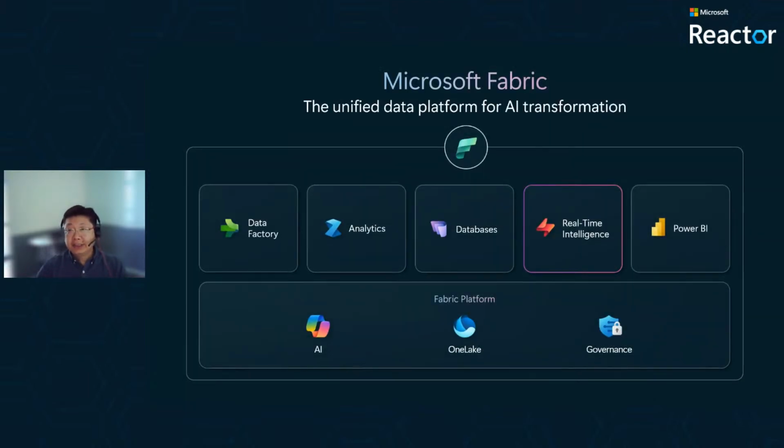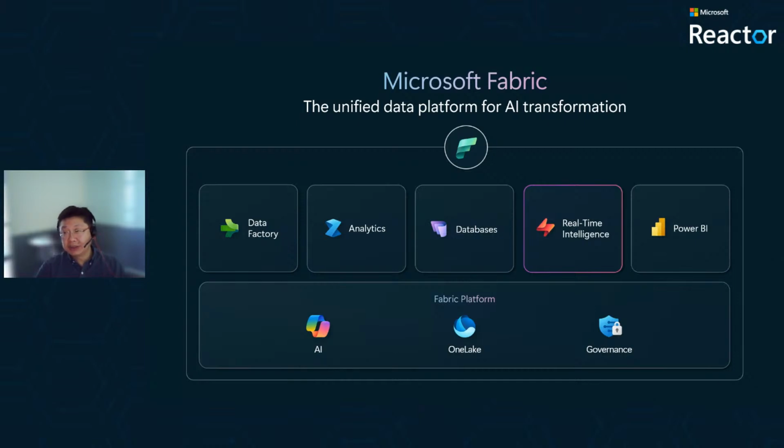As you can see here in Microsoft Fabric, there is a Real-Time Intelligence workload. It's mainly related to the streaming data and helps you to achieve your end-to-end scenario for the streaming part. And if you want to move and process your real-time data, this is what the Real-Time Intelligence workload does.